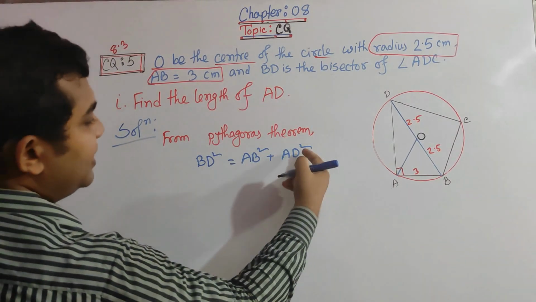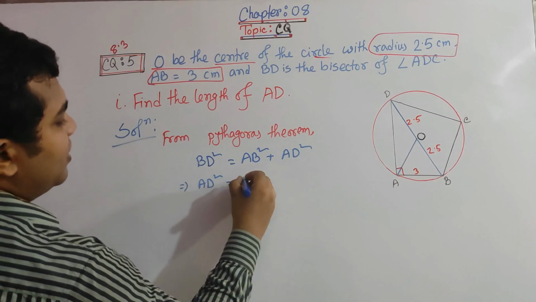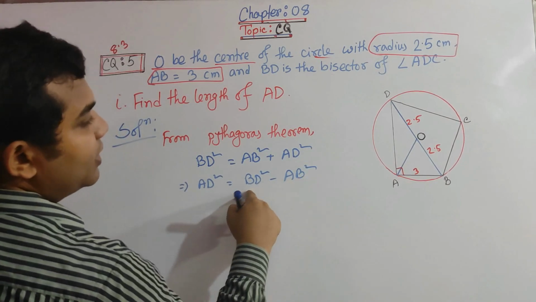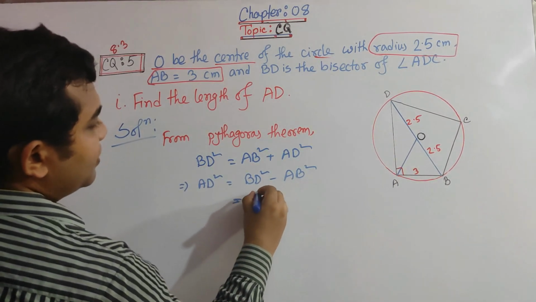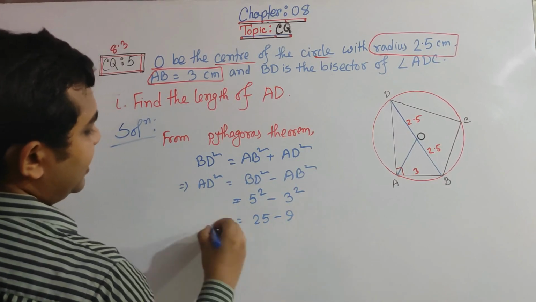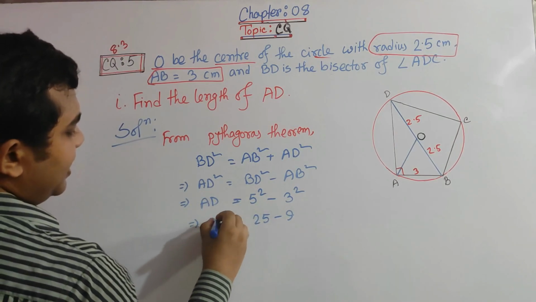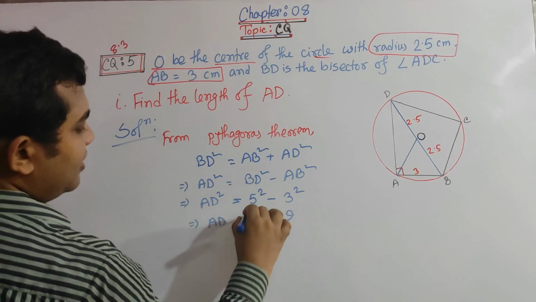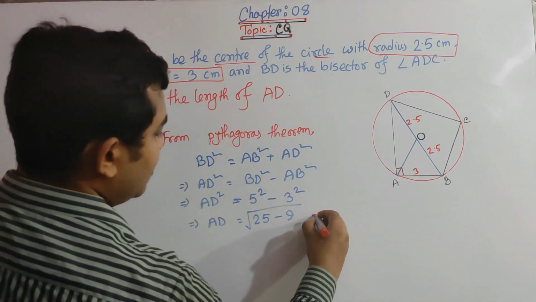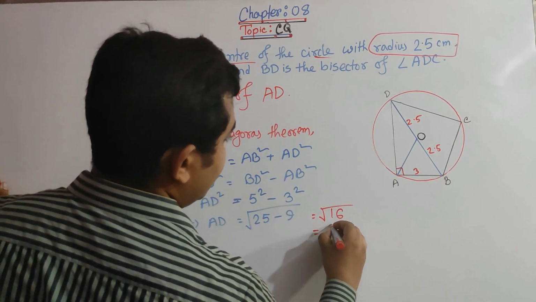Here AD should be found, so we can write AD square equals BD square minus AB square. We know BD is 5, so 5 square minus 3 square is 25 minus 9, which is 16. So AD is the square root of 16, that is 4.